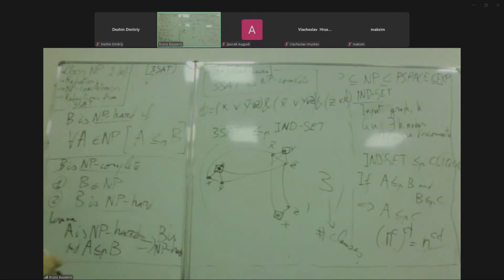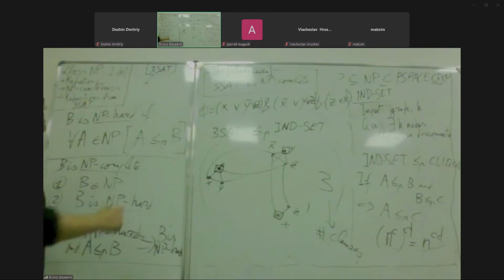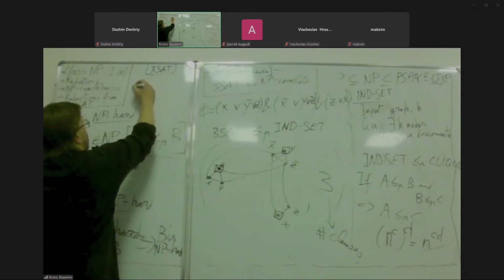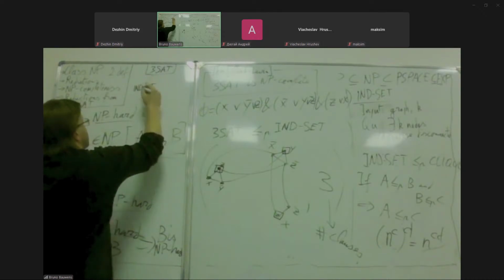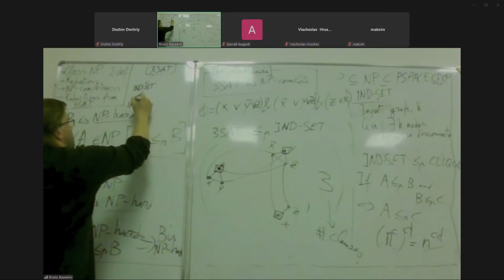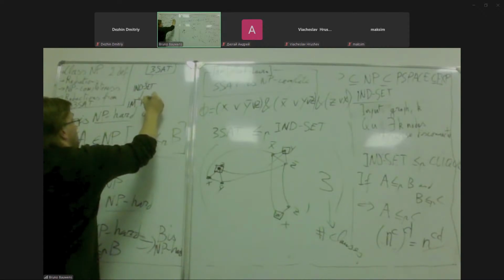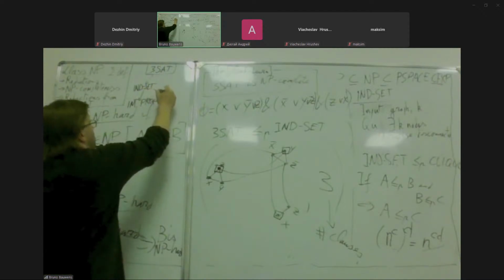We will make now a reduction from 3-SAT. We understand that the independent set problem is NP complete, and integer programming. We also know that the clique problem is NP complete.